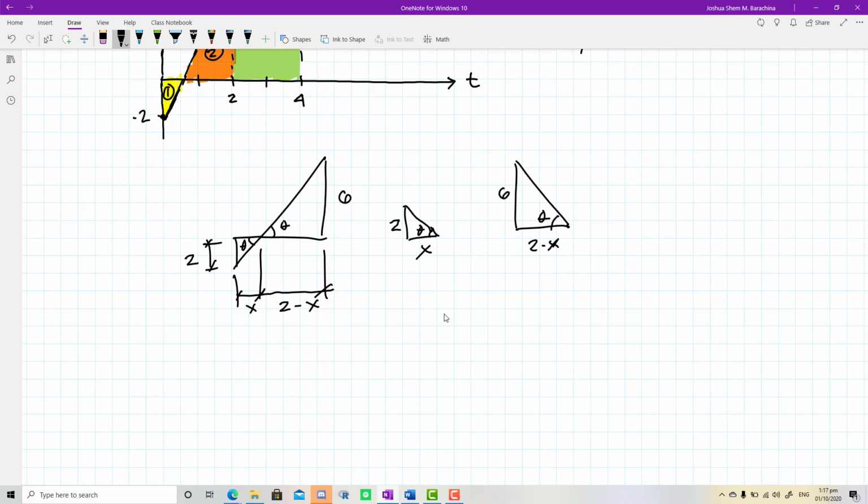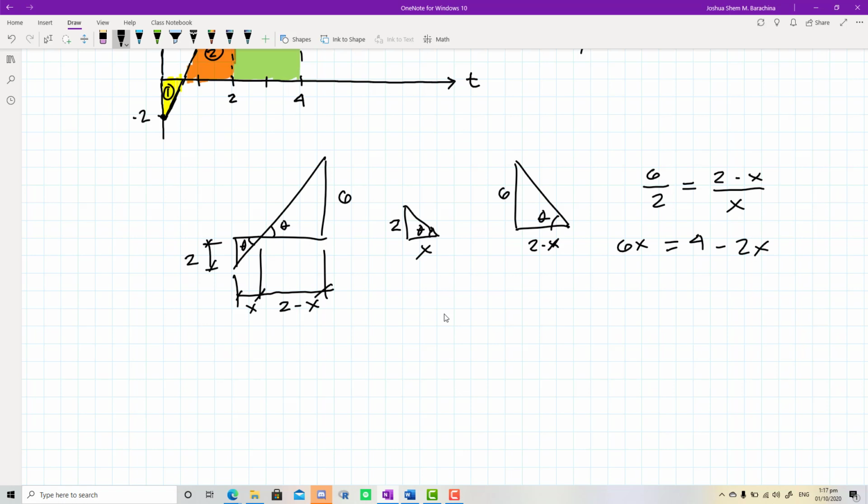So using ratio and proportion, 6 is to 2, for similar triangle, yun yung concept ng ratio and proportion. 6 is to 2 and 2 minus x is to x. Cross multiply, you have 6x. This is equal to 4 minus 2x.